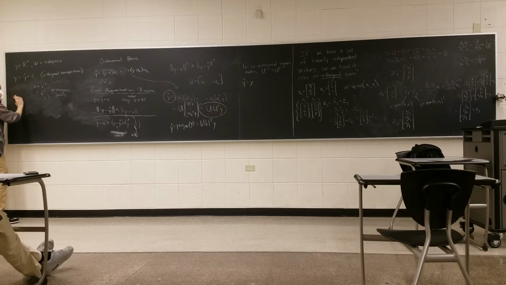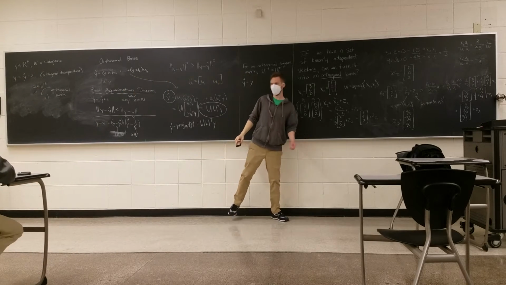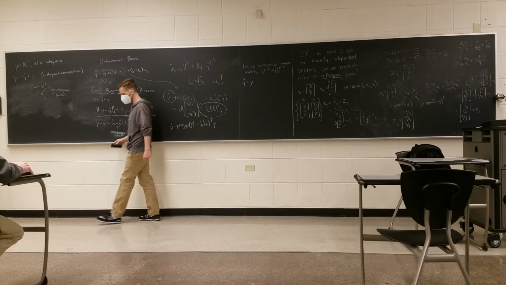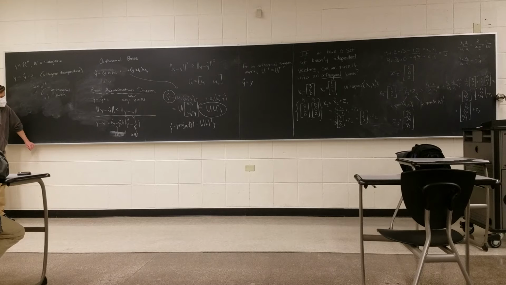That is true. Yes? What if I'm confused? So on the web work from the other day, when you project something, you project it onto a line. And so there's one vector, and you're finding y hat, which is orthogonal to y.